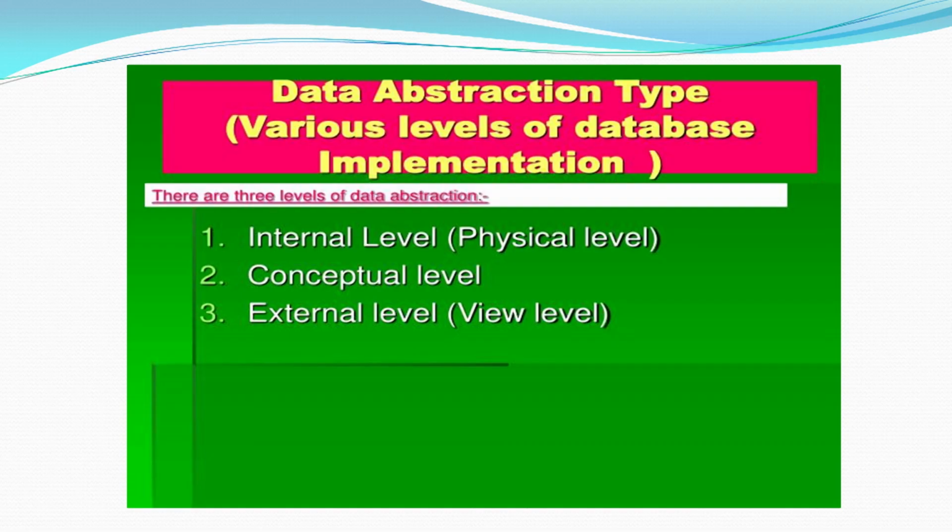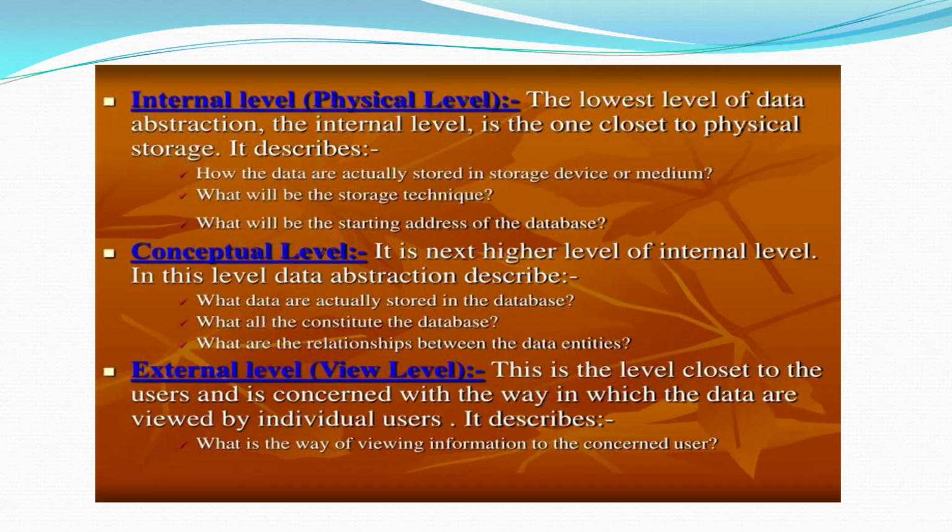So, there are three different levels of database implementation. One is the internal level or physical level data abstraction, another is the conceptual level or logical level data abstraction, and the third one is the external level or view level data abstraction. The internal level or physical level data abstraction is the lowest level of data abstraction.